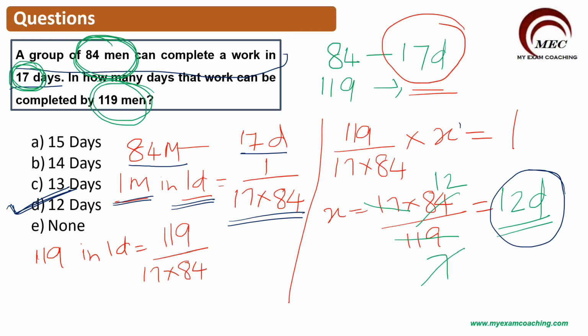Let us take that as X. So X multiplied by 119 divided by 17 into 84 equals 1. This 1 means work is complete. So from that, by simplification, we got X is equal to 12 days. So accordingly, you can mark the correct answer as 12 days.